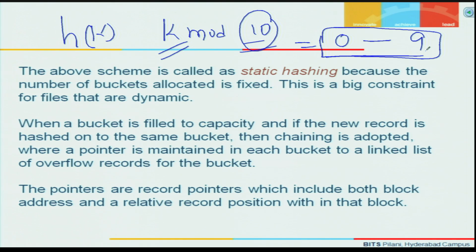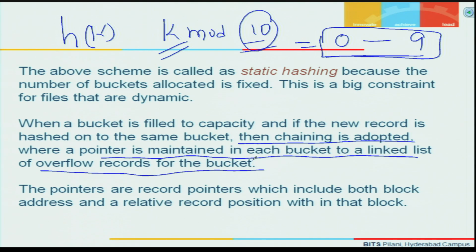When a bucket is full to its capacity and a new record is hashed onto the same bucket, chaining is adopted, where a pointer is maintained in each bucket to a linked list of overflow records for the bucket. Chaining is possible here because the available address space is fixed. The record pointers include both the block address and the relative record position within that block.